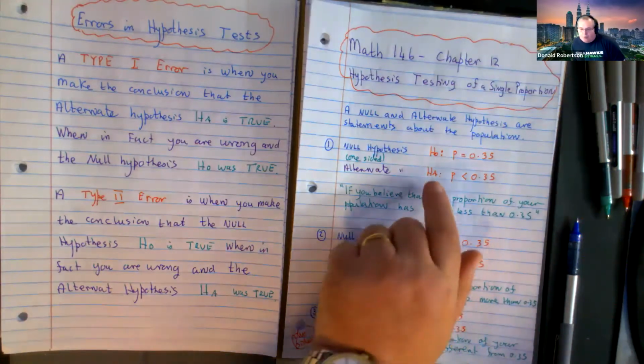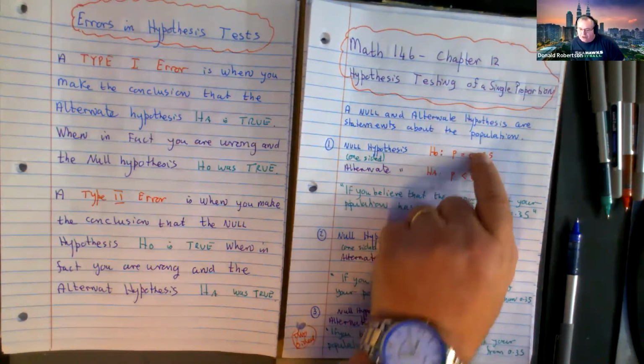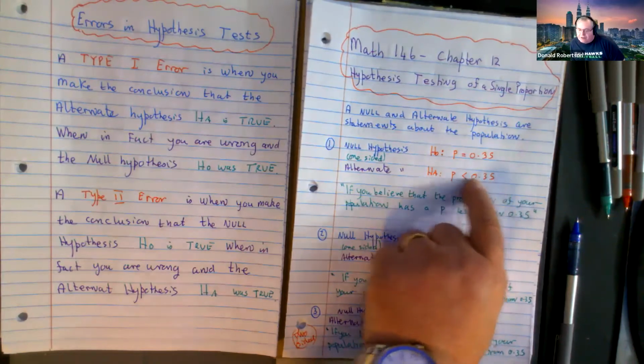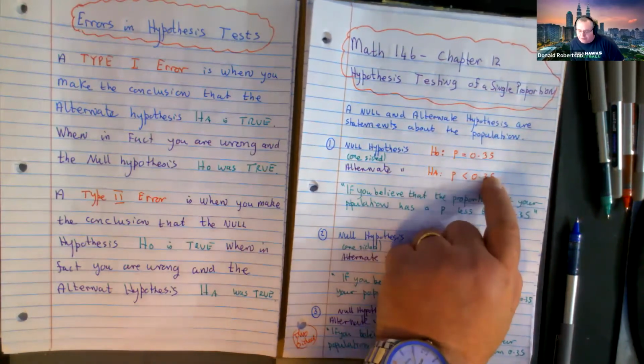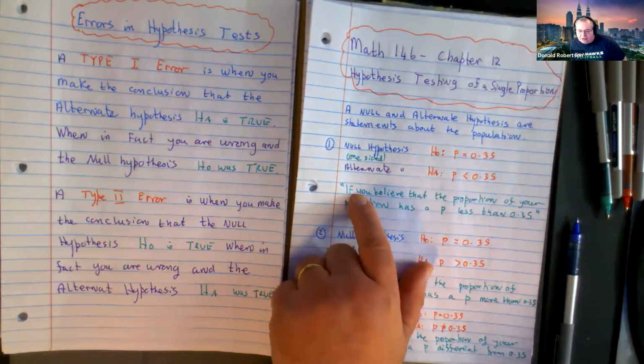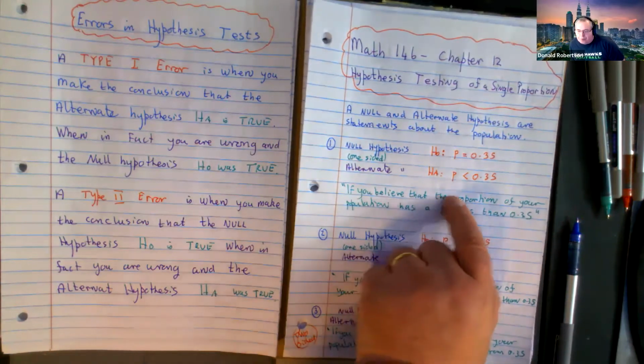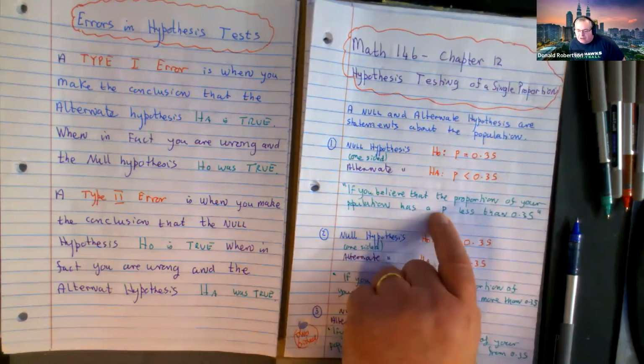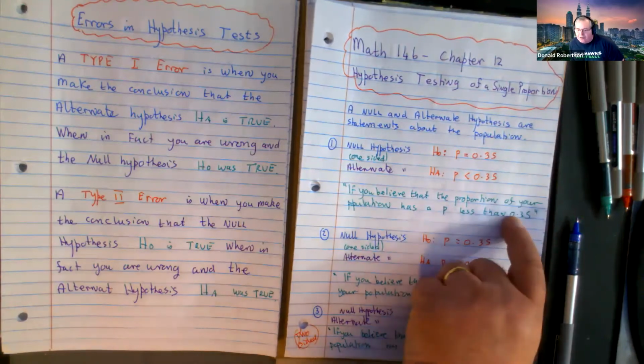We call this the null hypothesis, and we call the opposite event, in this case this one here, the alternate. If you want to put this in English, you believe that the proportion of the population is now less than 35.